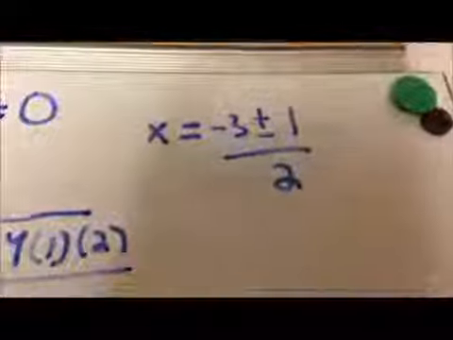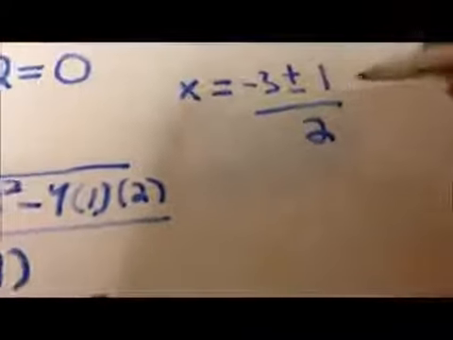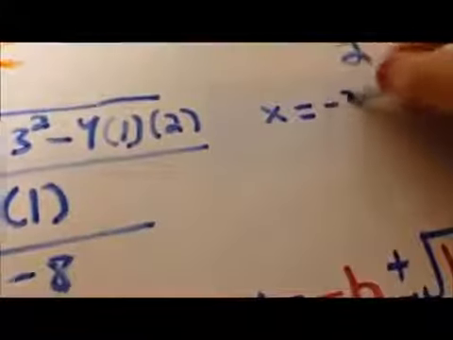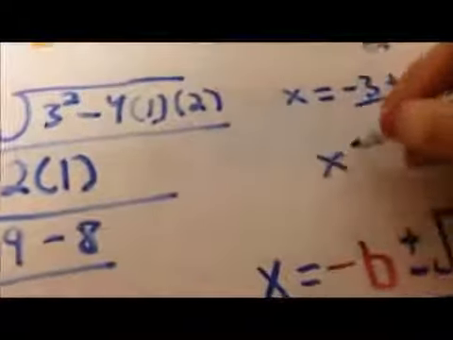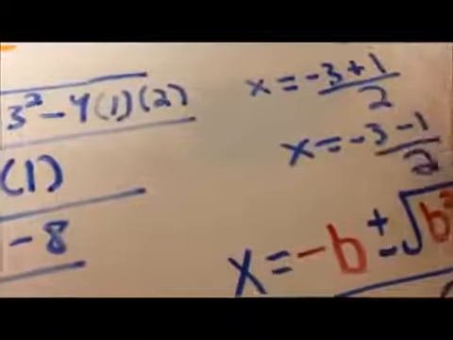Now we're going to split the plus and minus up, and that will give us x equals negative 3 plus 1 over 2, and x equals negative 3 minus 1 over 2.